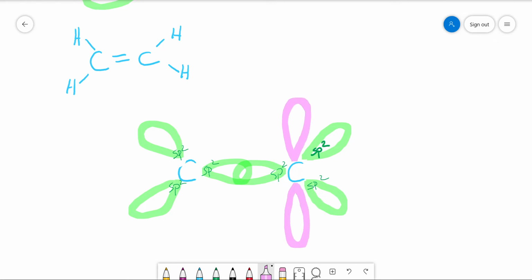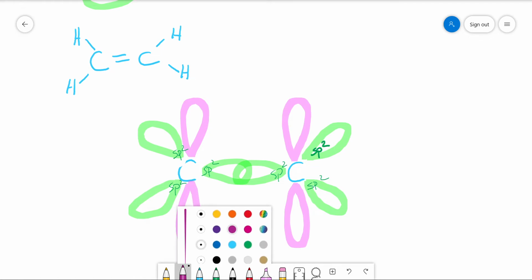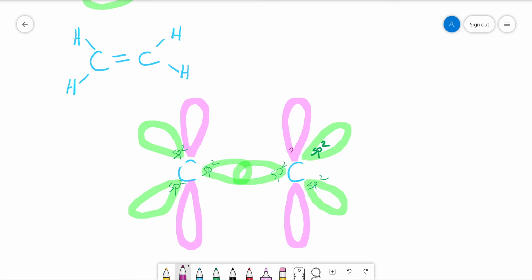And that is important. Okay, so those are the p orbitals, 2p and 2p. And then remember, each carbon only has one 2p orbital. The 2p has two lobes.